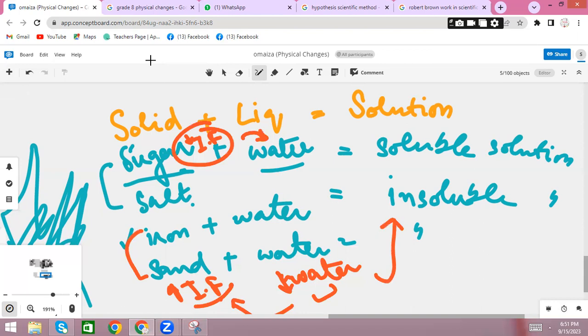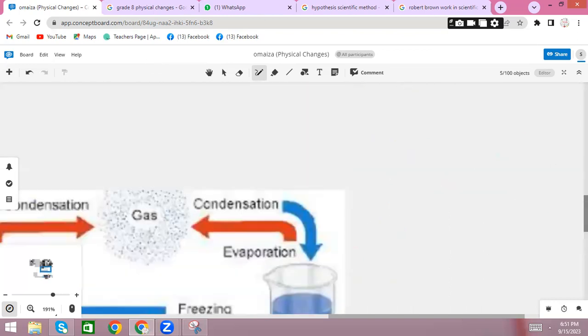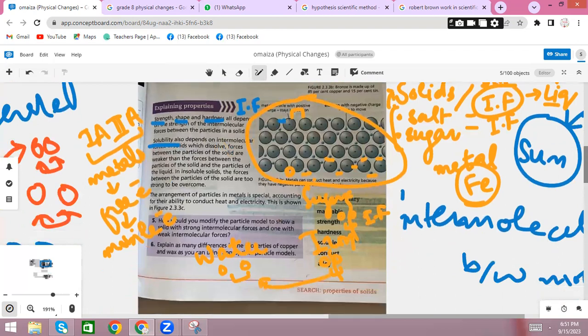So this was the point that we were discussing: solubility is dependent on intermolecular forces of attraction. If the solid has more intermolecular forces of attraction than that of the liquid, then it is insoluble. If the solid has less intermolecular forces of attraction than the liquid, then it is soluble.